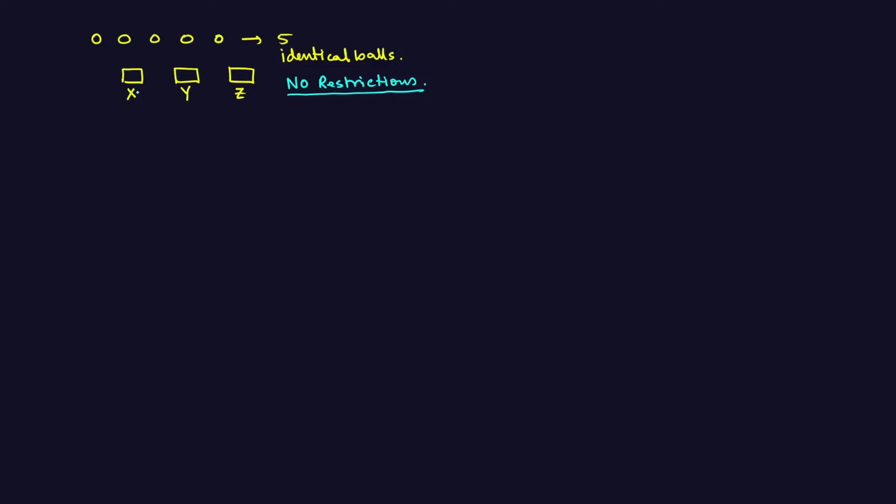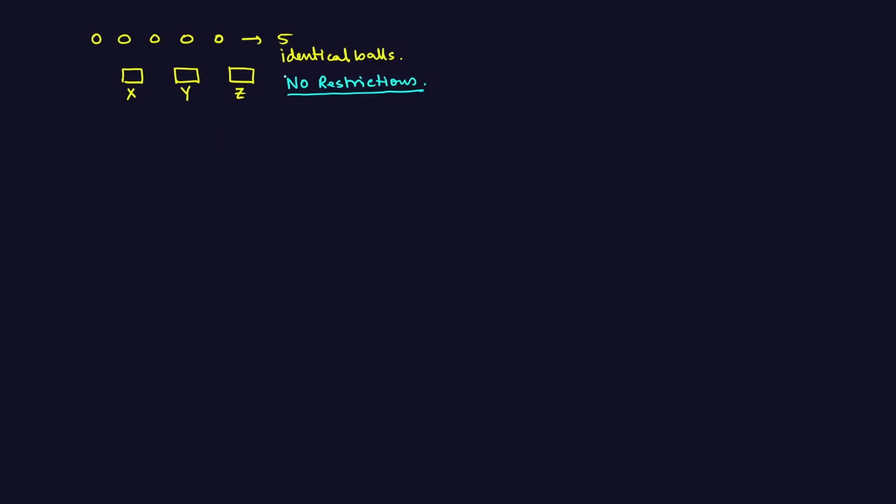That is, maybe X, maybe Y, maybe Z will receive no balls. That is also possible. So in this case, we can simply bypass grouping of balls, because any grouping of identical balls, whether of equal size or not, is going to be done in only one way.